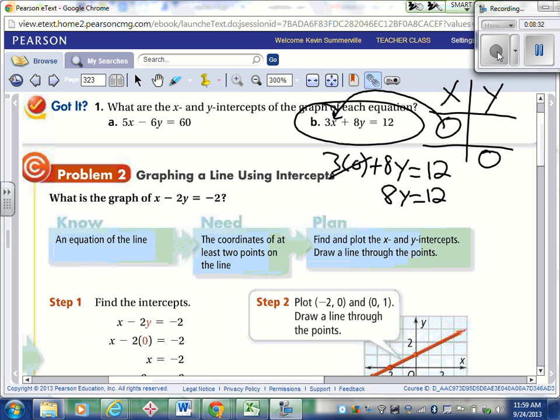I have a number next to a letter, so that means I need to divide by the number 8, which is next to the y. This cancels out, and I have y equals 12 over 8, which can be reduced because 4 can go into both of those numbers. So y ends up being 3 over 2.